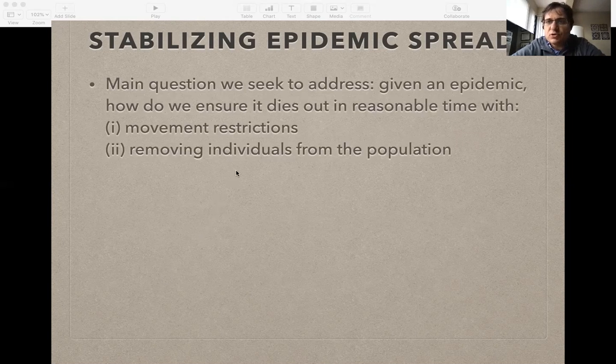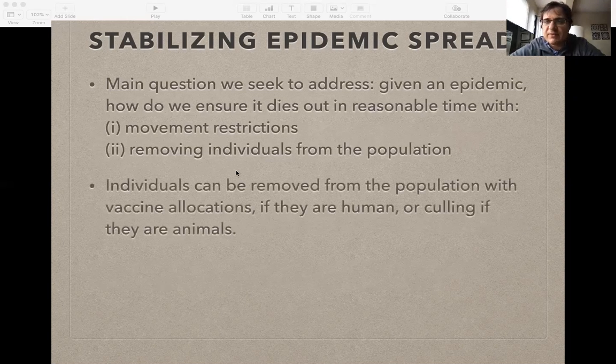So in the case of humans, you can remove the individual from the population by, for example, giving them a vaccine. Animals are actually culled. And where I see this fitting in within the framework of predicting and preventing epidemics is that you want to apply this to epidemics among animals.